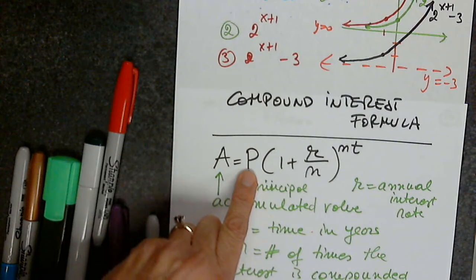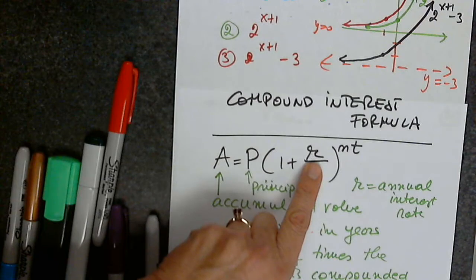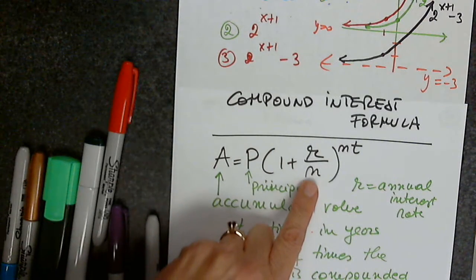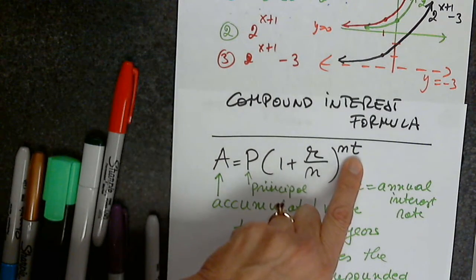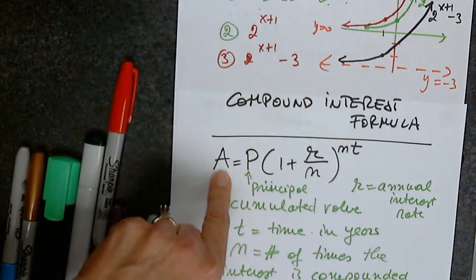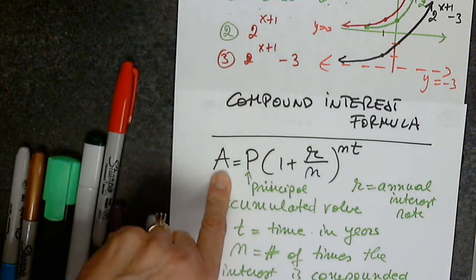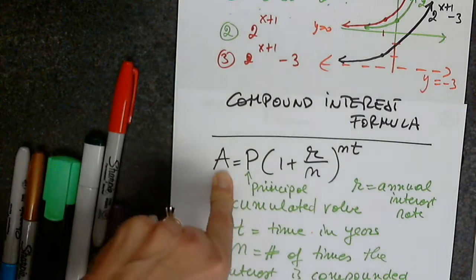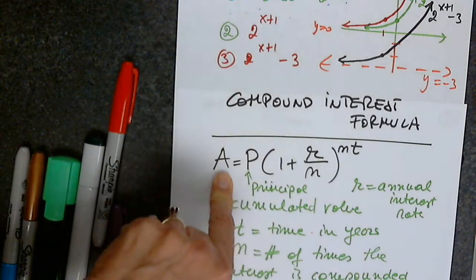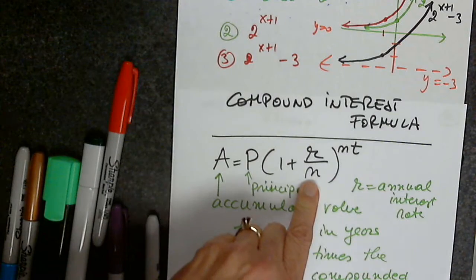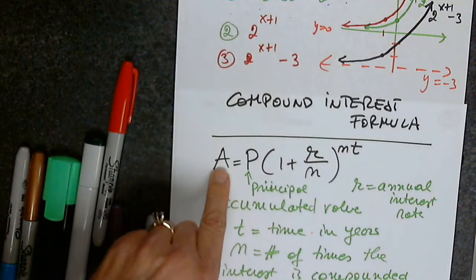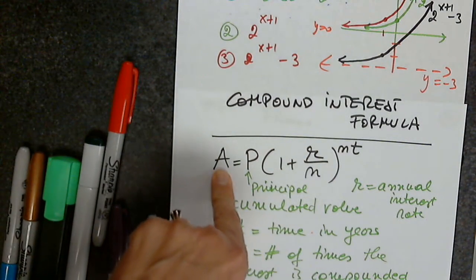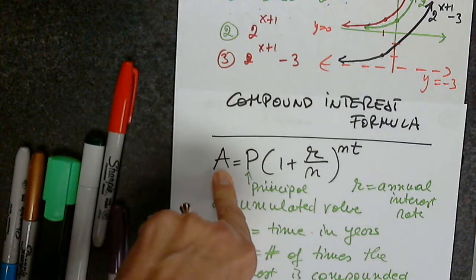So I'm depositing $1,000 at 5% per year, interest recalculated or compounded twice a year for the next 10 years. This is the amount I get 10 years from now, the accumulated value.